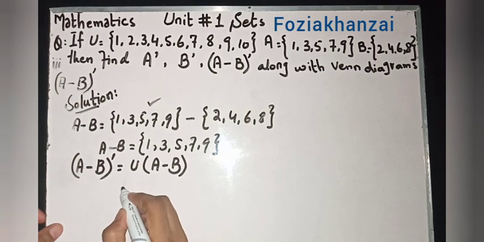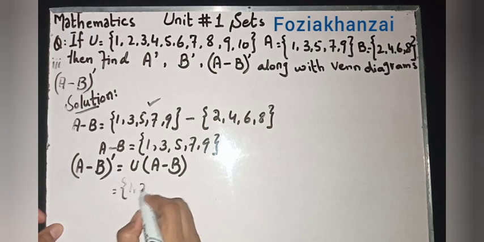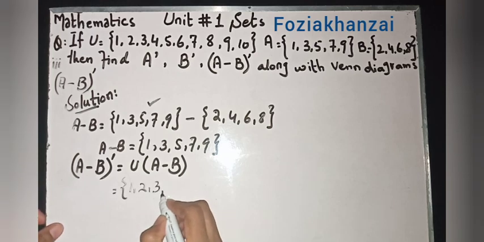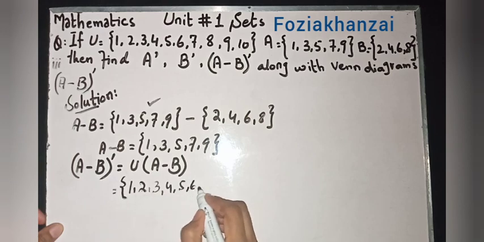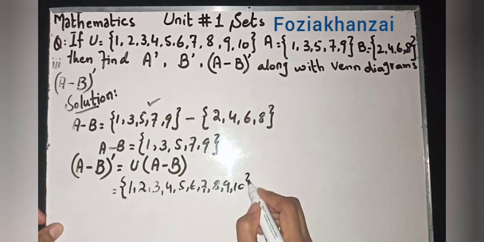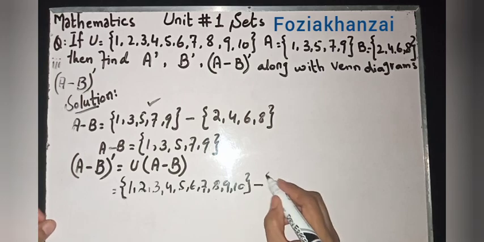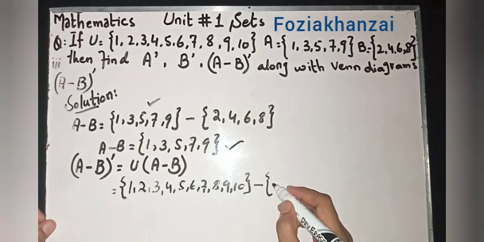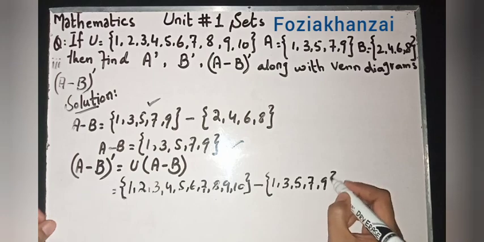Universal set: 1, 2, 3, 4, 5, 6, 7, 8, 9, 10, bracket close, set U, put minus sign, then answer of A difference B, this one, 1, 3, 5, 7, 9, bracket close.